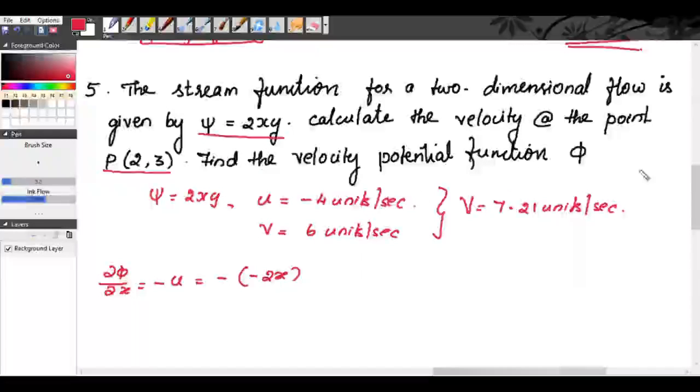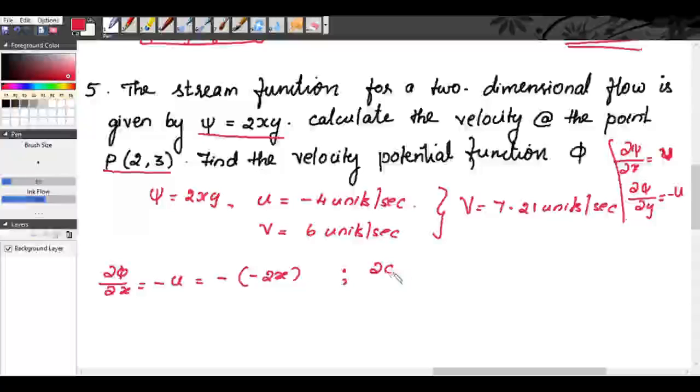Okay, stream function is given. So dou psi by dou x is equal to v, and dou psi by dou y is equal to minus u. So our u will be equal to minus dou psi by dou y. That is why minus of u is minus 2x.